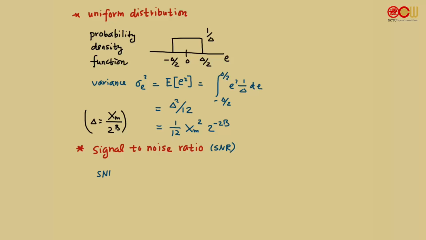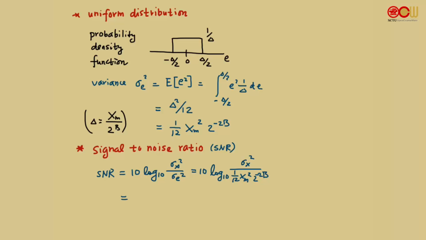The SNR is 10 log 10 in dB of sigma x squared over sigma e squared. We can plug in the above expression, then we get 10 log 10 of sigma x squared over 1 over 12 xm squared and 2 to the minus 2b.